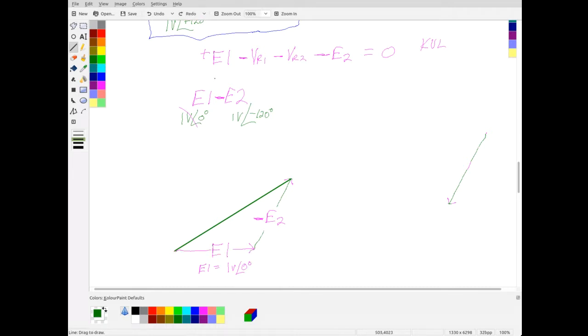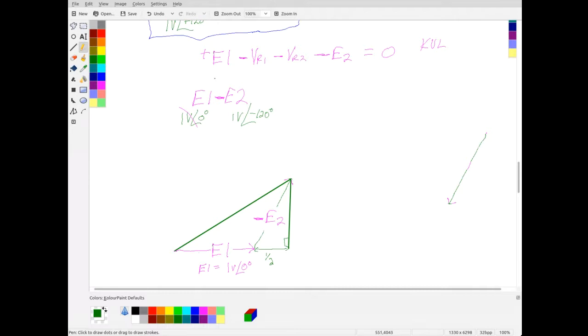And if we were to drop a line right here, this would be a right triangle. And what you're going to find out if you were to measure this, okay, so this line right here is 1/2.